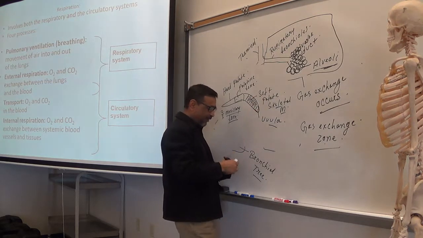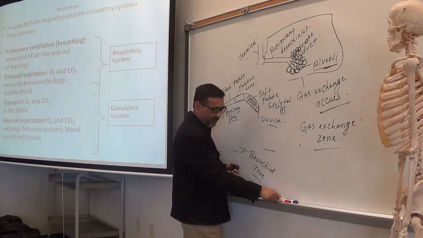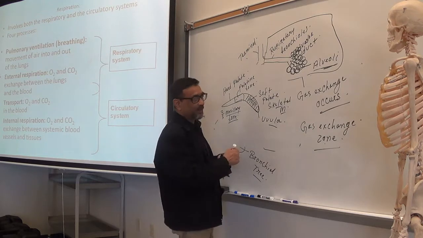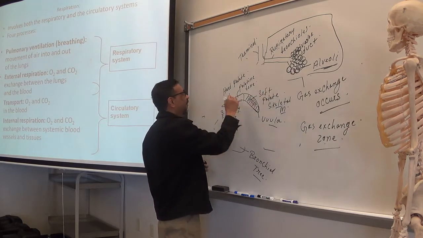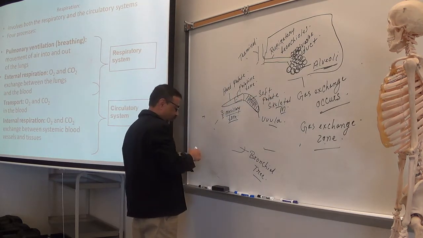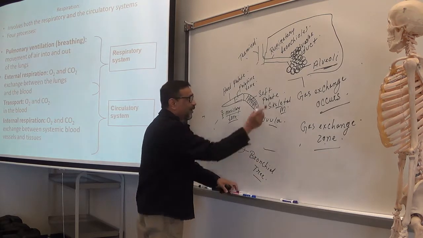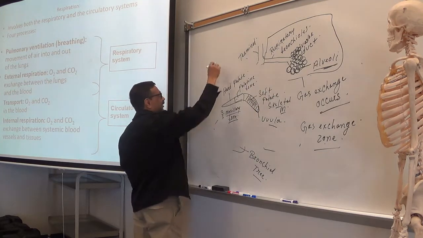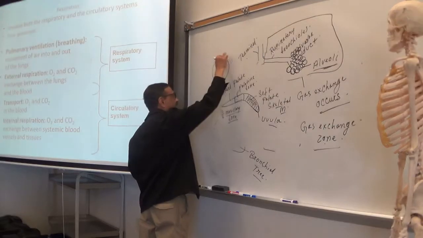And on the surface of each alveolus, alveolus is singular. So if I just take one, I'm taking one alveolus to see, this is the alveolus.